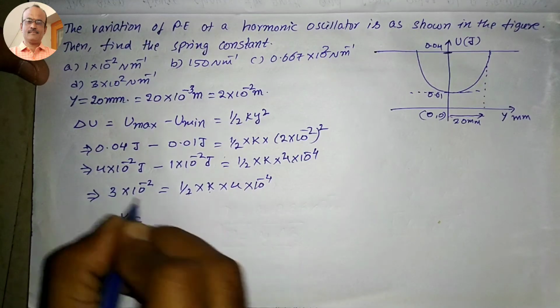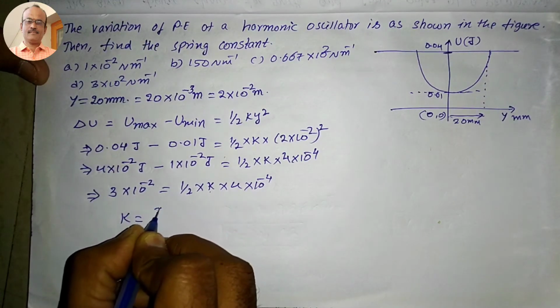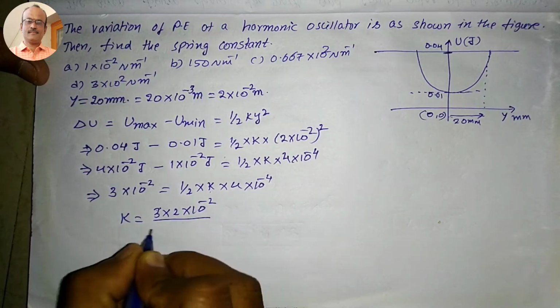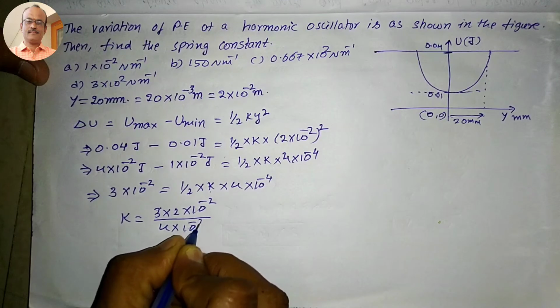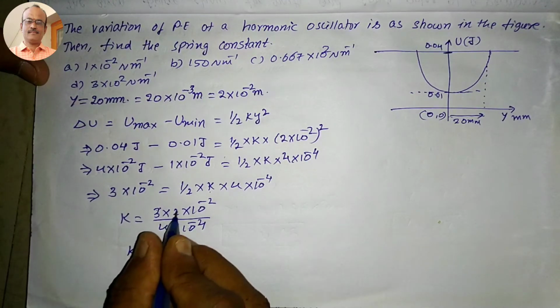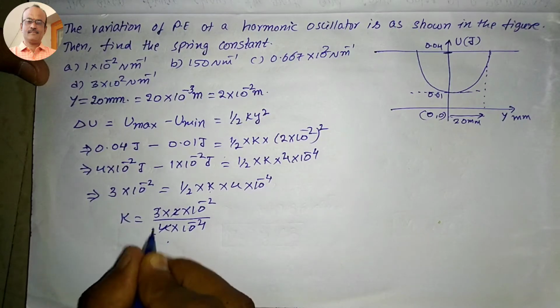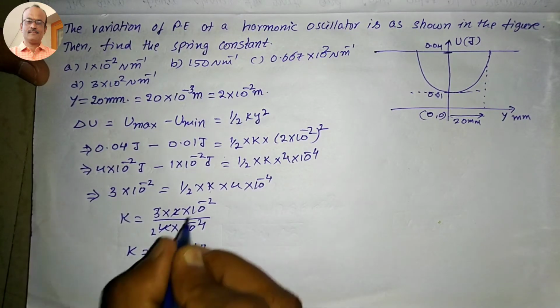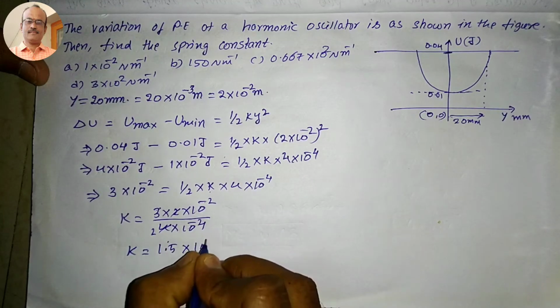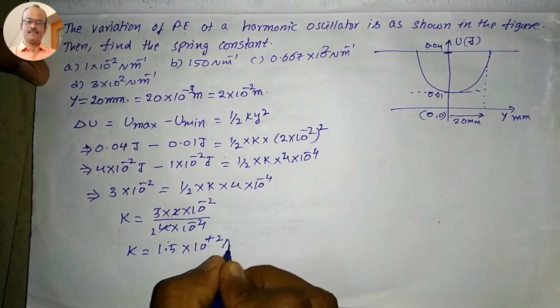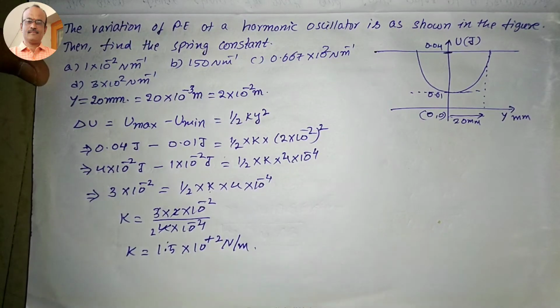So k is equal to 2 into 3 into 10 to the power of minus 2 divided by 4 into 10 to the power of minus 4. So k is equal to 2 times 3 by 4, which is nothing but 1.5 into 10 to the power of minus 2 plus 4, that means plus 2. K value, the units are Newton per meter.